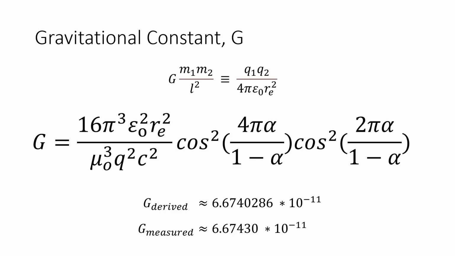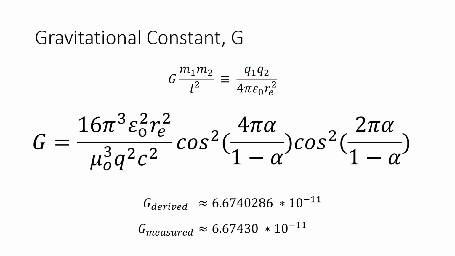Note, here it'd be represented in its more common form, and the term Re, the classical electron radius. For those of you who are unfamiliar with the classical electron radius, it is simply the value one obtains from considering the energy required to assemble an amount of charge onto the surface of a sphere such that the energy is equal to the rest energy of the electron.